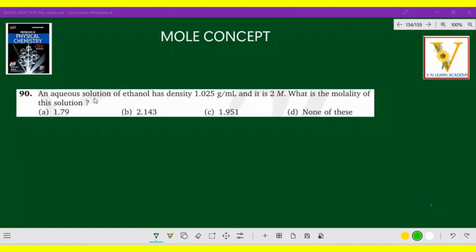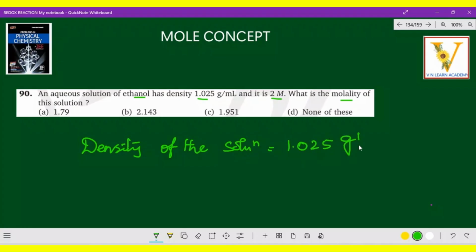The next question: an aqueous solution of ethanol has density 1.025 gram per ml and it has 2 m molality. What is the molarity of the solution? See, all these questions are basically upon molarity, molality and density, all these things together. So now density of the solution is 1.025 gram per ml.